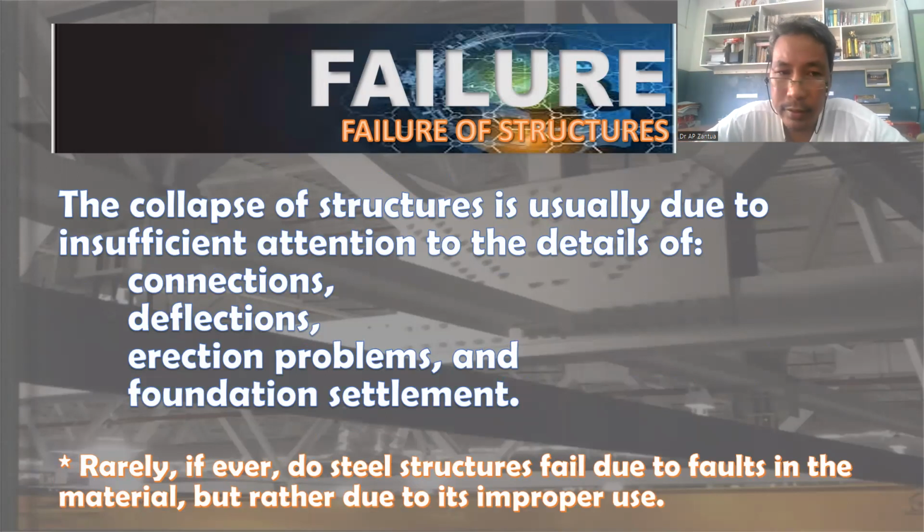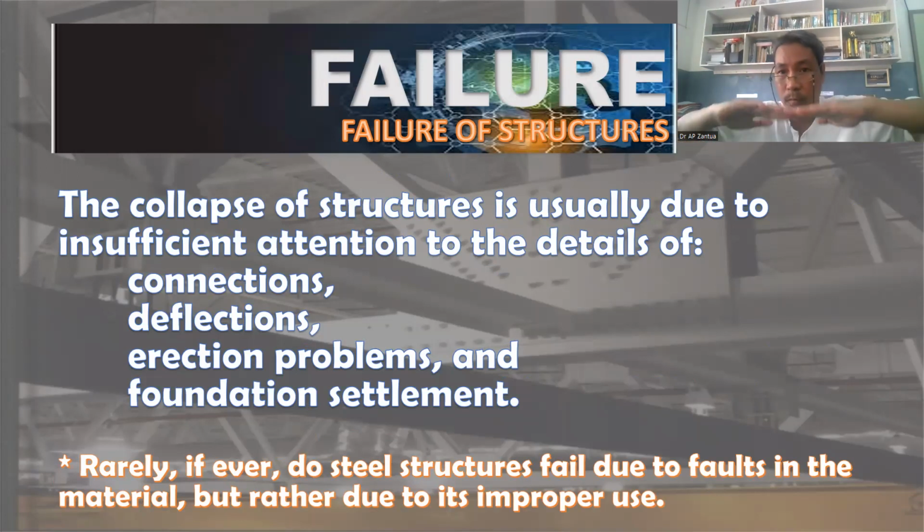Foundation settlement. Connection: so bolt, rivet, and so on. Deflection: the deflection property that we compute and learn from theory of structure. That is what we meant by deflection here. So the same thing. Okay?